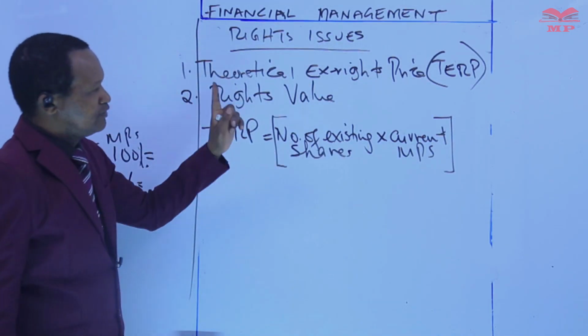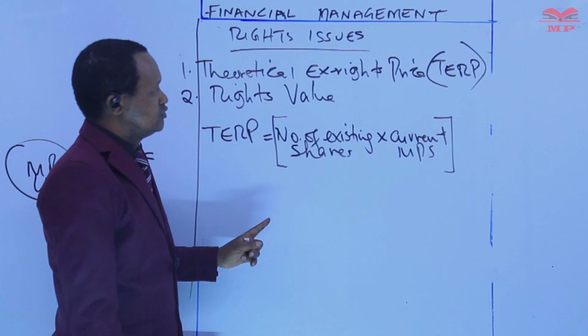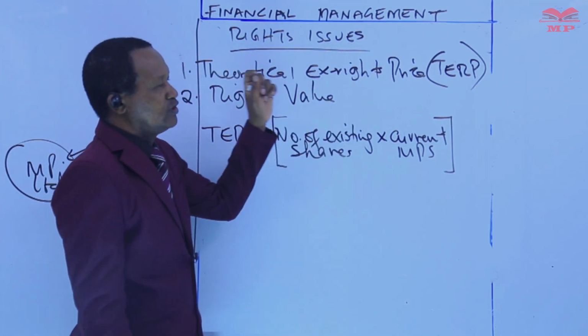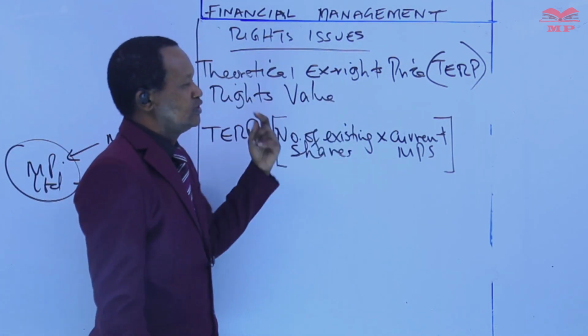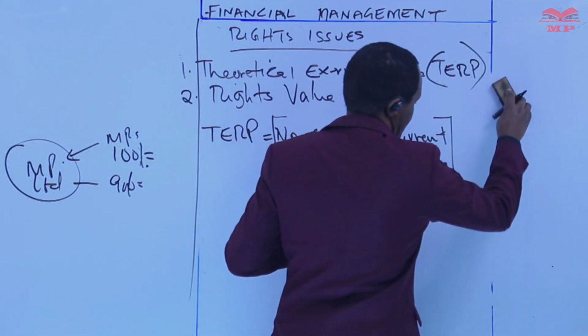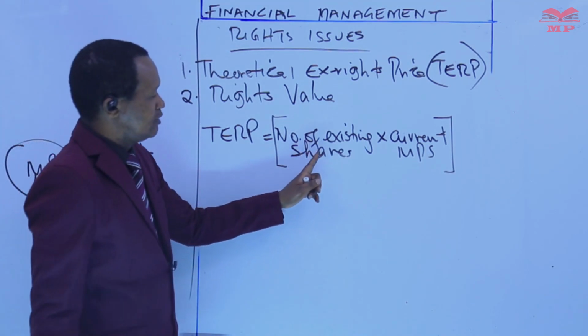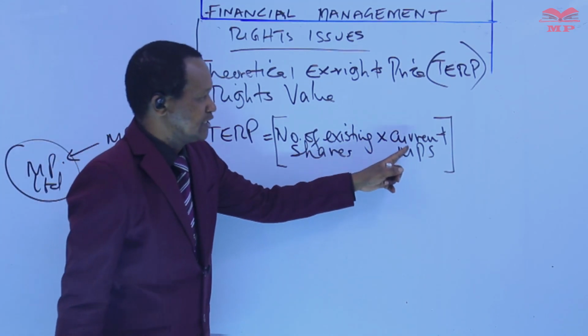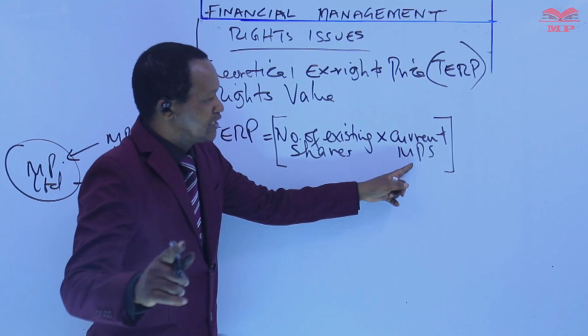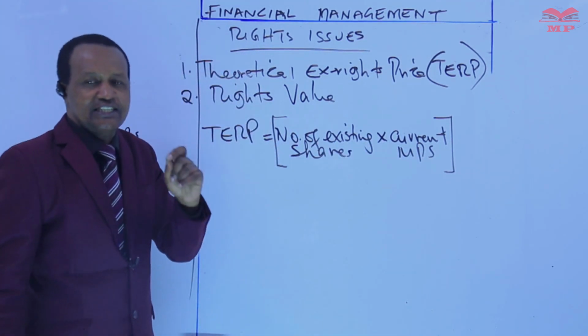Now this is before the rights issue, before additional shares are sold to the existing shareholders. This is the current situation, current MPS. This is the current market price per share times the number of existing shares.